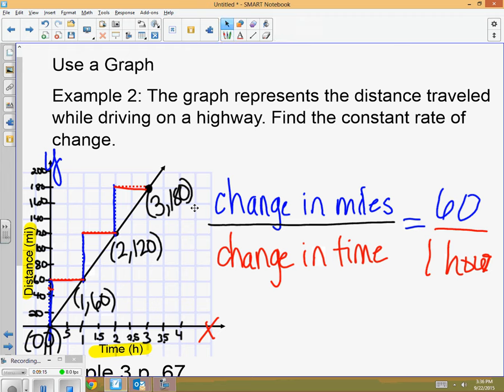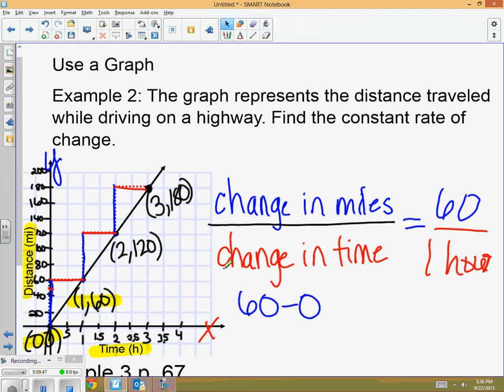You can pick any of those 2 points and just subtract the difference. Let's say we wanted to choose 60 and 1, or 60 miles in 1 hour here. And let's compare that to the points 0, 0, the origin. If we look at the change in miles, we can take 60 minus where it started, which is 0.